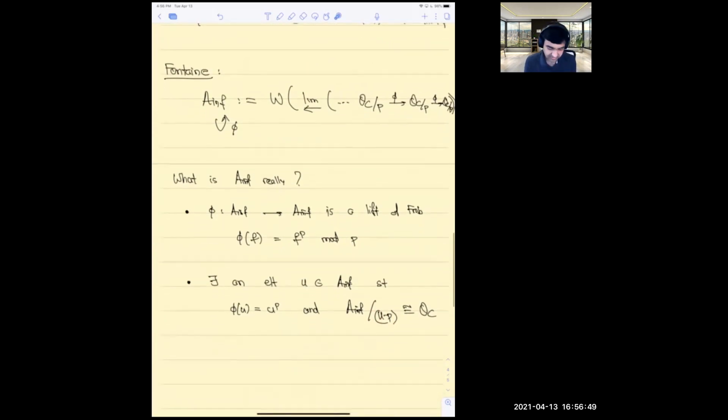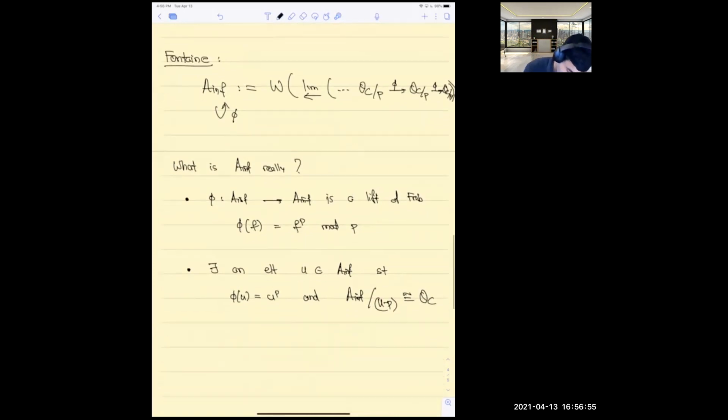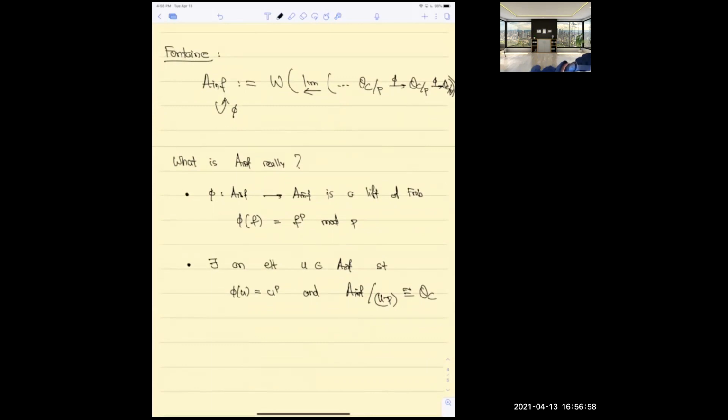And so this was Fontaine's idea of taking O_C and fattening it so that you see something which has a Frobenius action. And so in modern terminology, this triple, A_inf, its Frobenius endomorphism, and this element, or rather the ideal generated by this element, is an example of a perfect prism.